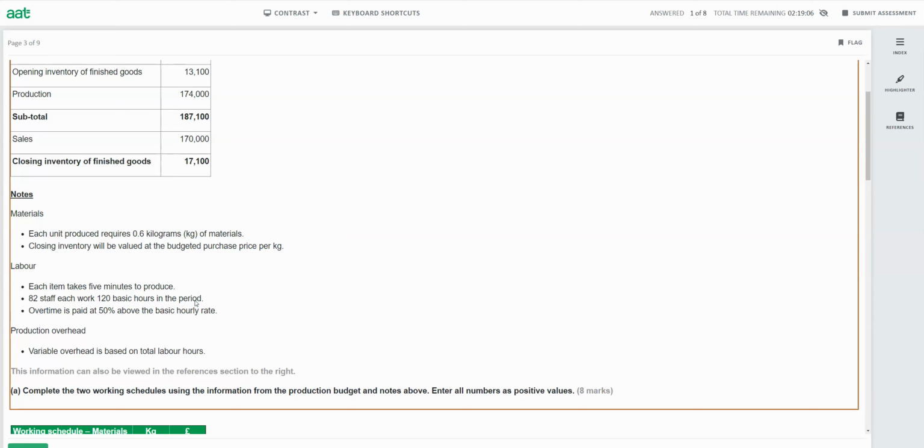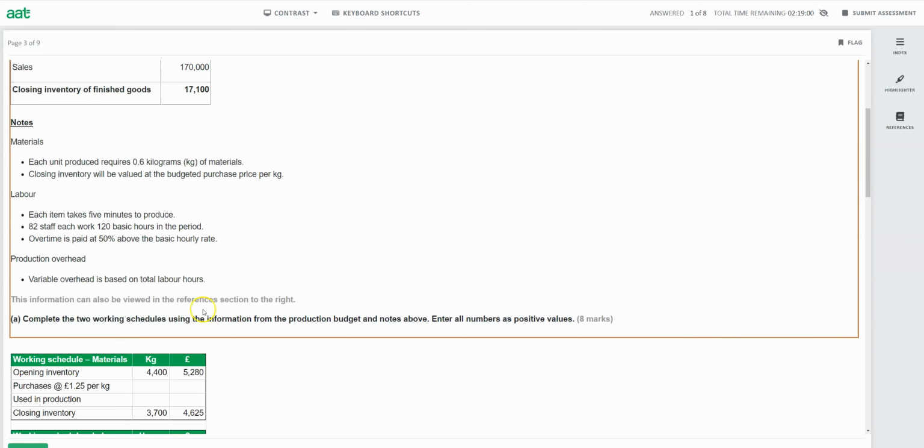And of course the difference will be the overtime. So overtime is paid at 50% above the basic rate. Okay, then you have production overhead. A variable overhead is based on the total labor hours. So when you have a variable overhead, that will be calculated based on the total labor hours.